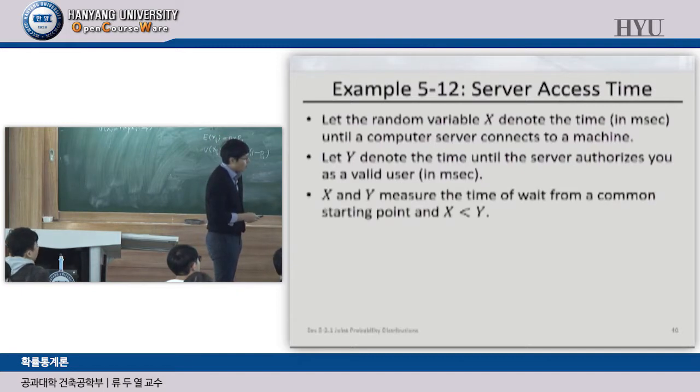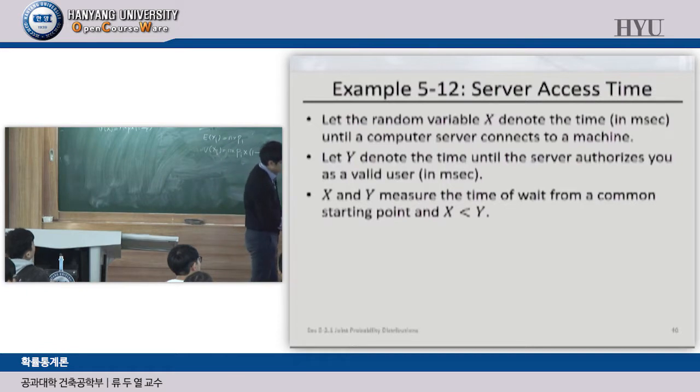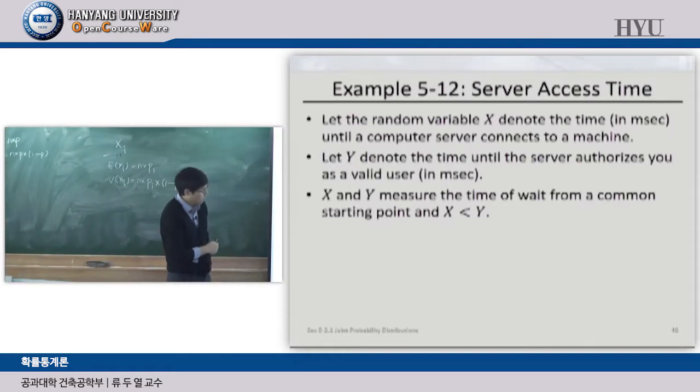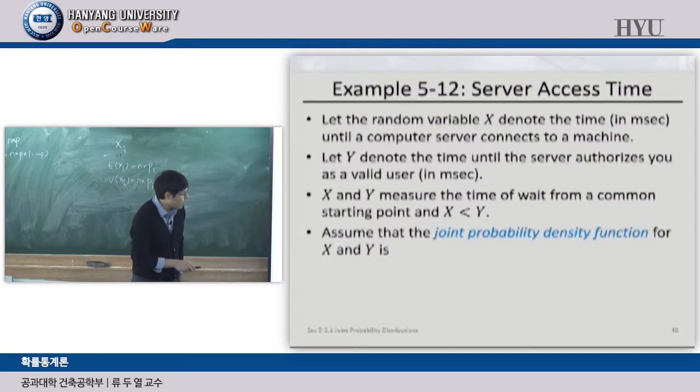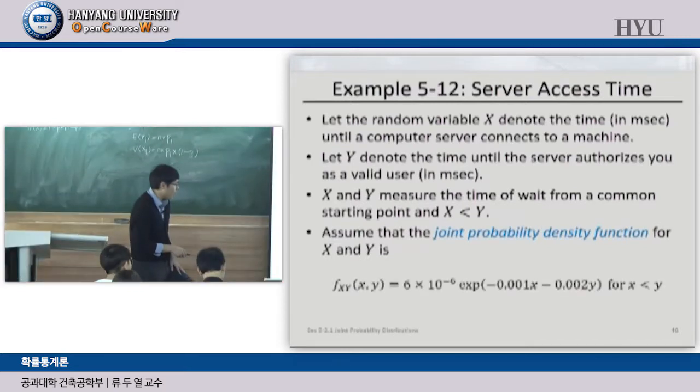And x and y measure the time of waits from a common starting point, okay? And also, y is always larger than x. And assume that the joint probability density function for x and y is as follows: fXY(x, y) is equal to 6 times 10 to the minus 6 power times exponential of minus 0.001x minus 0.002y when y is larger than x. Okay?